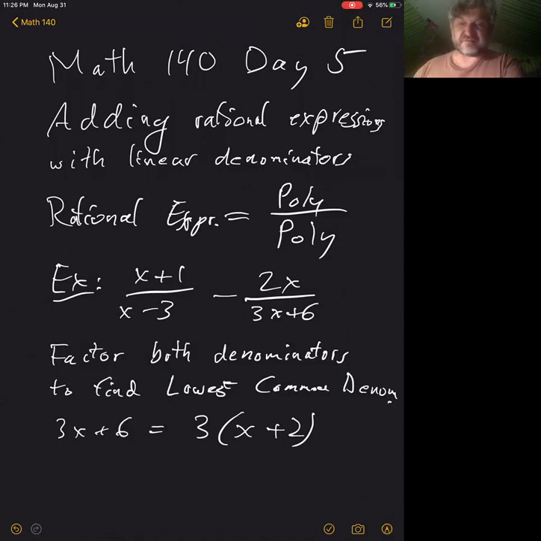That's the beauty that we are just dealing with linear denominators, which means they both have degree 1. So that's relatively easy. The only way to factor them is a constant times another degree 1 polynomial.